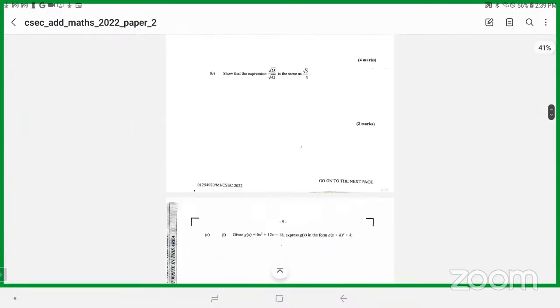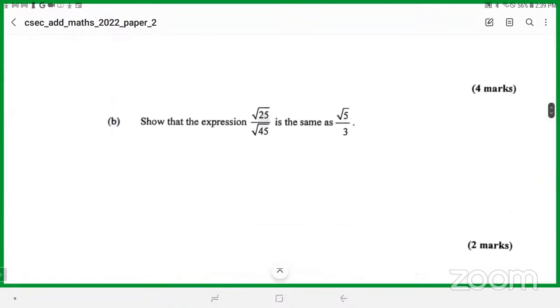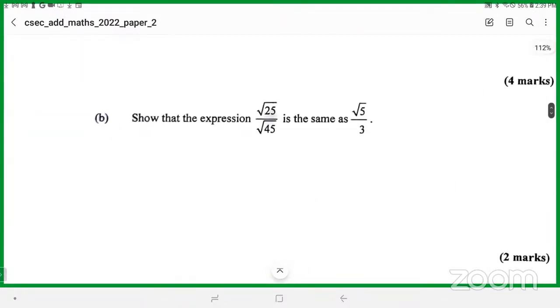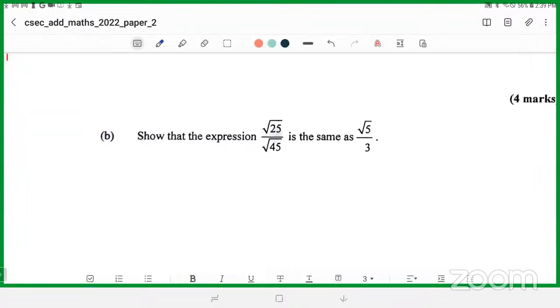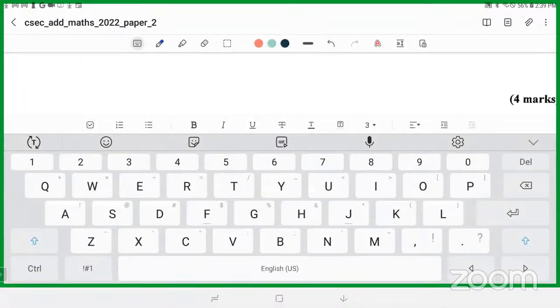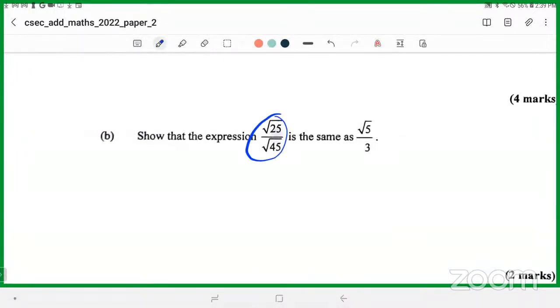So far, no. Some surds right here, so show that this equals that. That's what I'm supposed to do. Hold on a second, guys. Fix my pen.